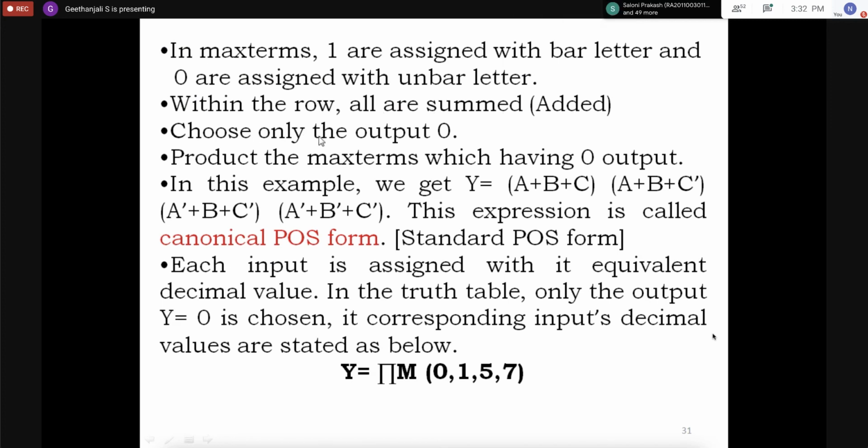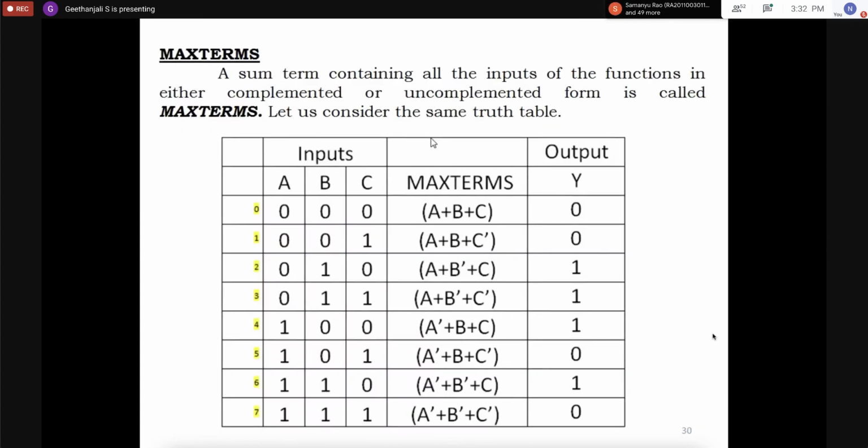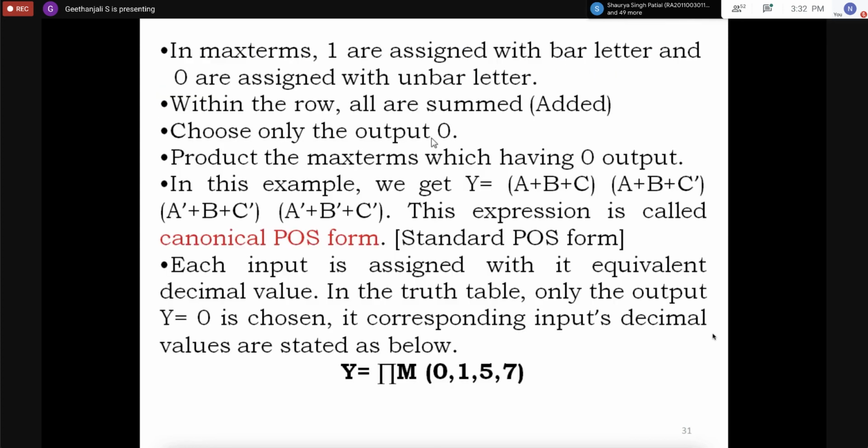Choose only the output 0. Take the product of the max terms which have 0 output.